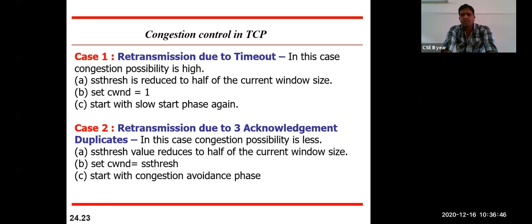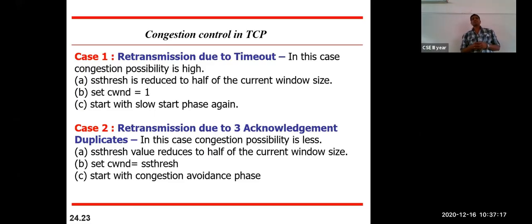First, the threshold level is reduced to half. Then the congestion window size is brought down to 1. Then, since the congestion window size is 1, the third step is to start with the slow start phase again, so that you start avoiding the congestion. Slowly you can increment exponentially and then additively. That is how you overcome a congestion if congestion is identified by RTO, retransmission due to timeout.